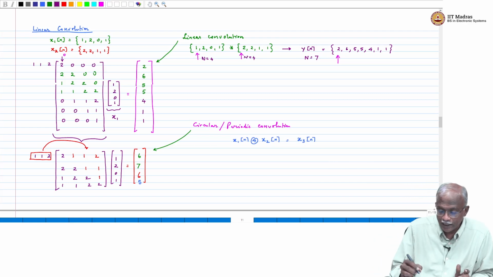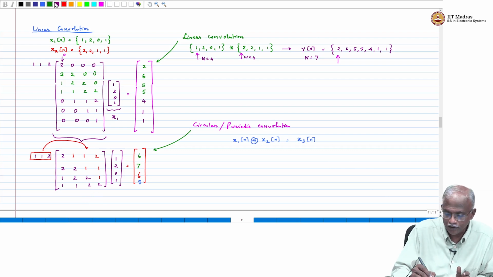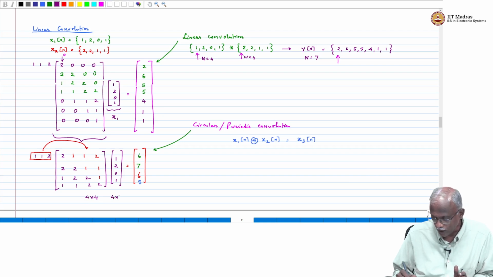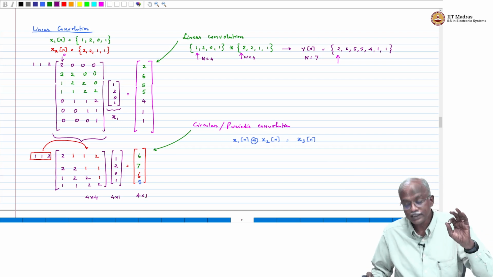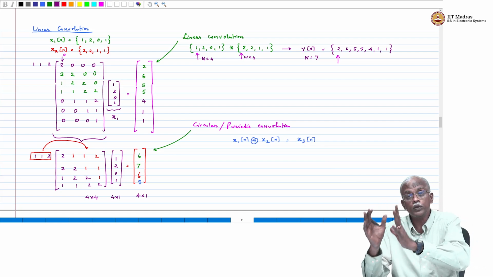So the difference is that in the context of circular convolution, the matrix is 4 cross 4. The dimension of the matrix is 4 cross 4, and the other vector is 4 cross 1, and the output will also be 4 cross 1. So that is the periodic convolution. Two segments which are both having the same period.